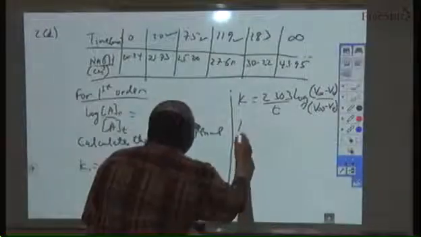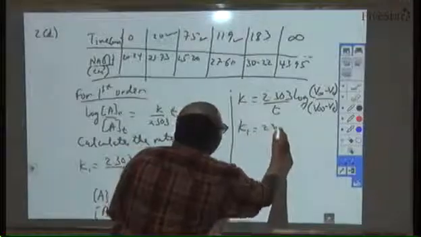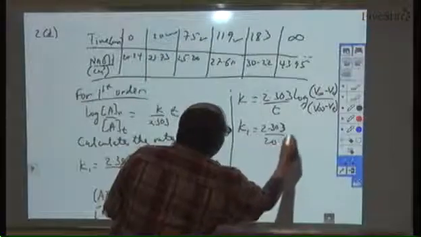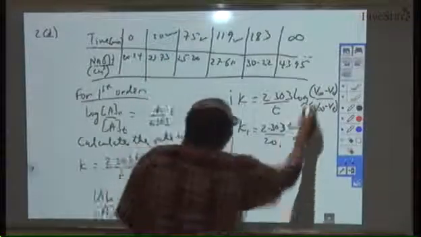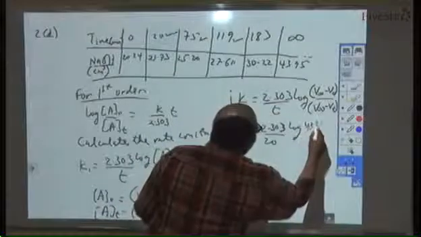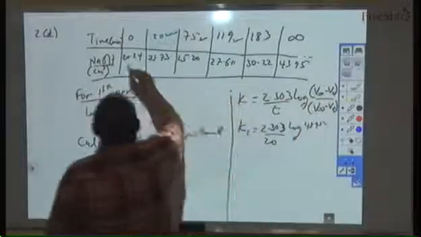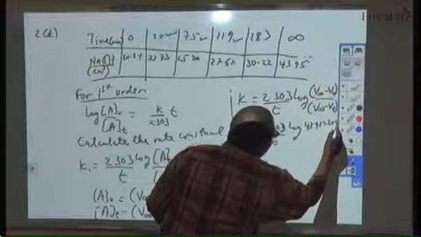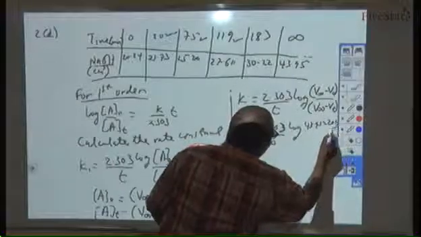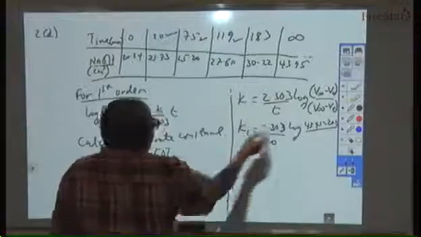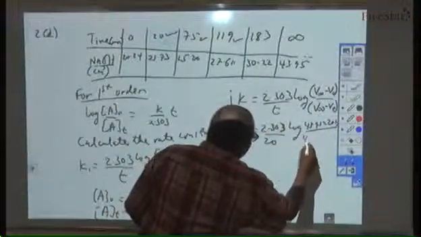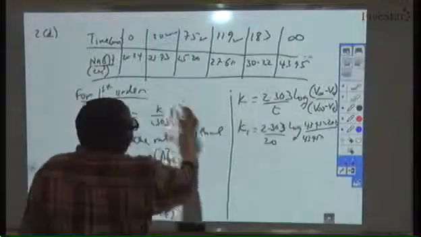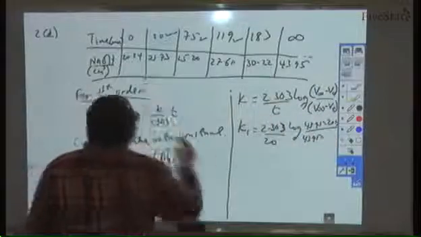Therefore, K1 equals 2.303 over t, where t is 20, times the logarithm of V infinity, which is 43.95, minus V naught, which is 20.4, divided by V infinity, which is 43.95, minus Vt, which is 21.73.